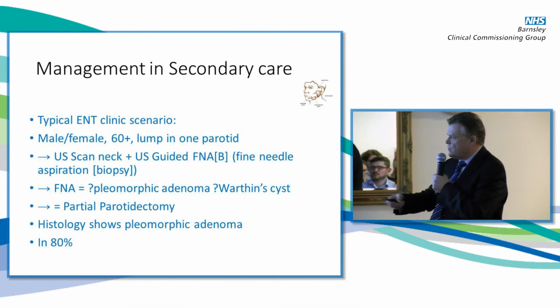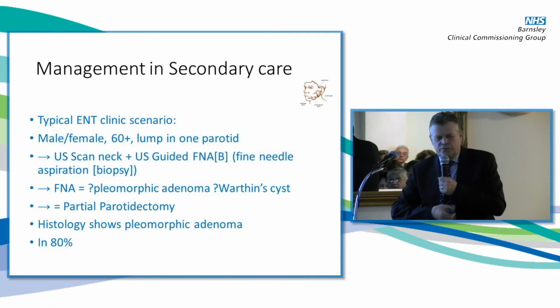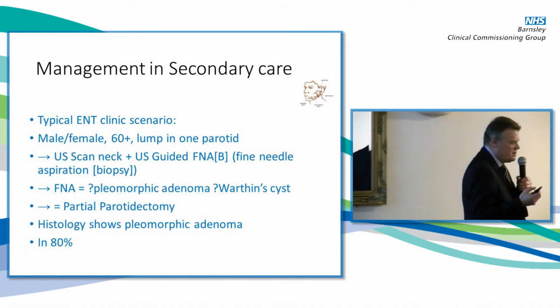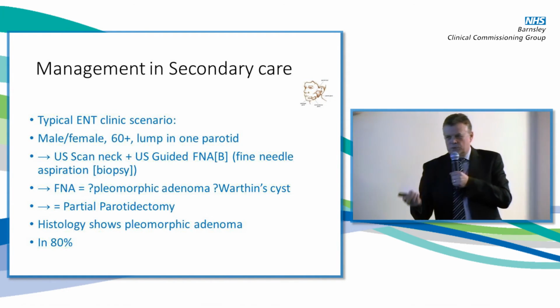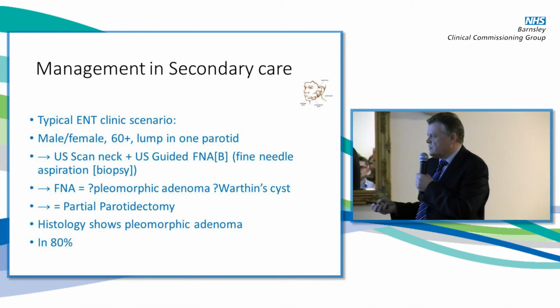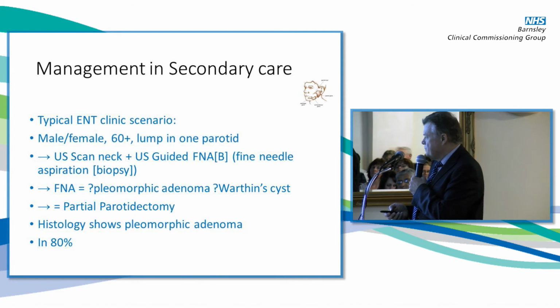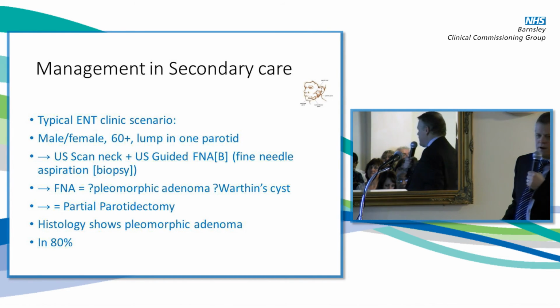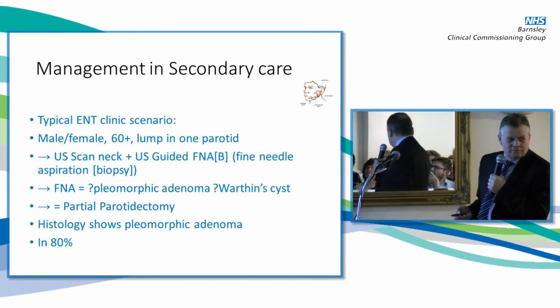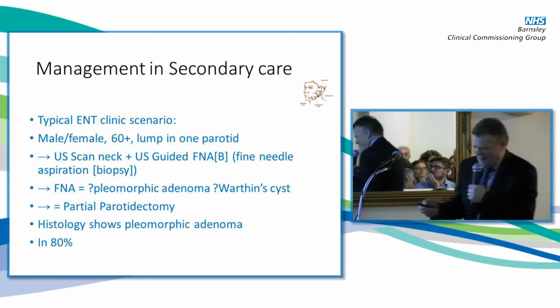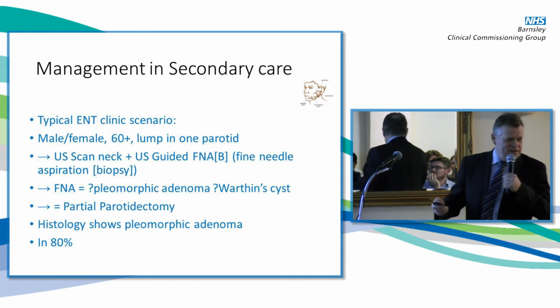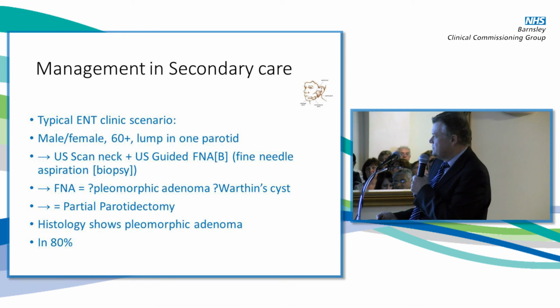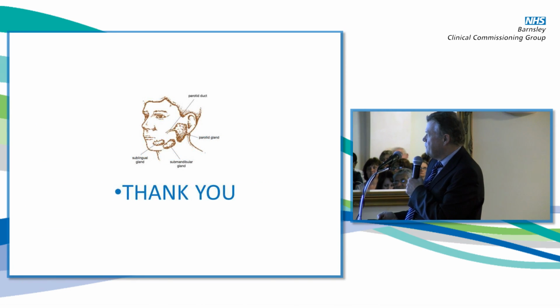I tend to use the term partial parotidectomy because, to me, superficial parotidectomy implies that we take out all of the superficial parotid, which we don't necessarily have to do. And then histology shows pleomorphic adenoma in about 80%. Don't ask why we do all these parotidectomies. We don't actually do very many, to be honest.